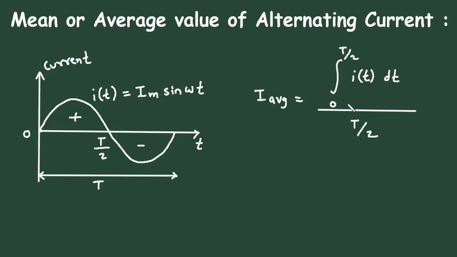Now if we find its solution, it will be our I average, that is the average value or mean value of alternating current. So let's simplify this.